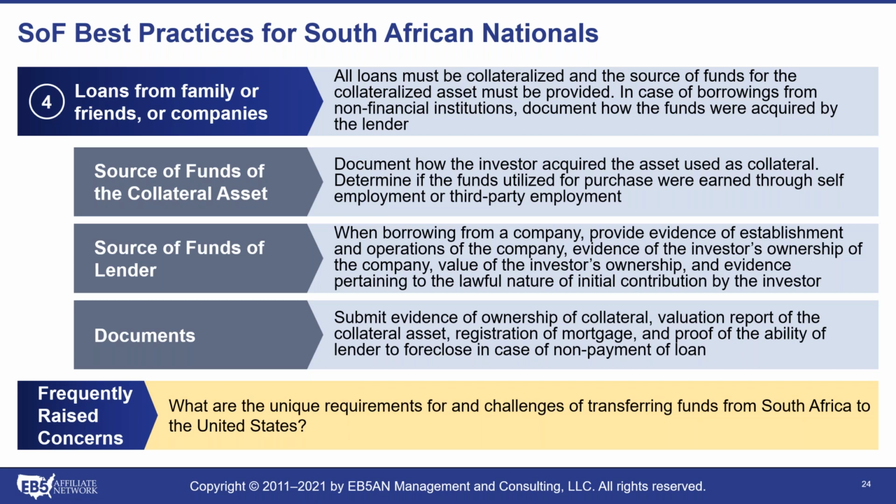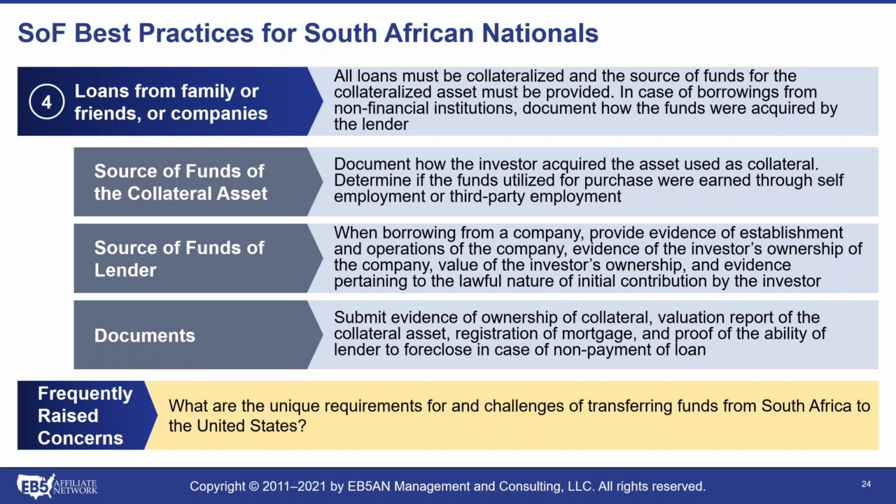Getting a loan from a financial institution is much more common. And I think that's a stronger case because rather than doing two source of fund analyses, you're really only doing it for one, and that's how you earned the asset which is being used as collateral for the loan.